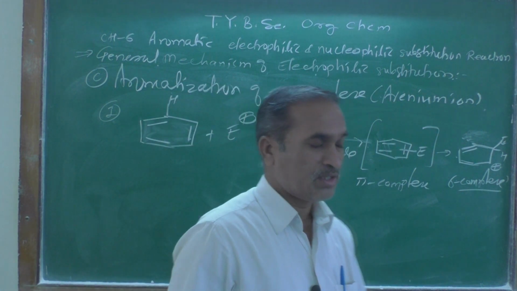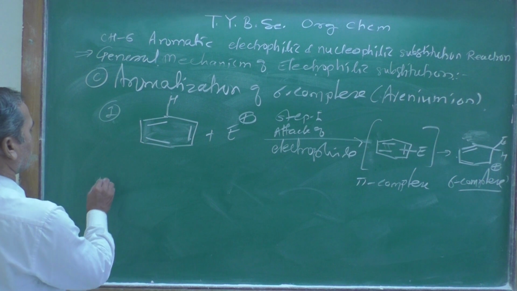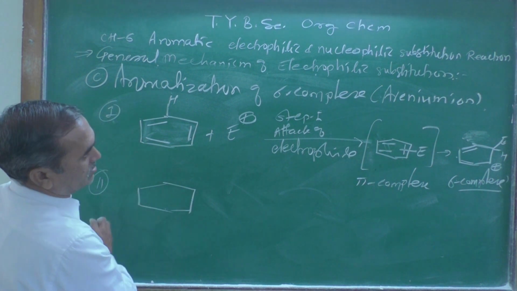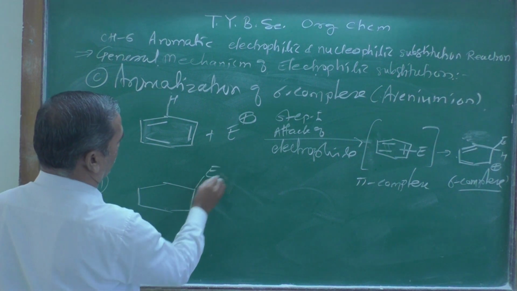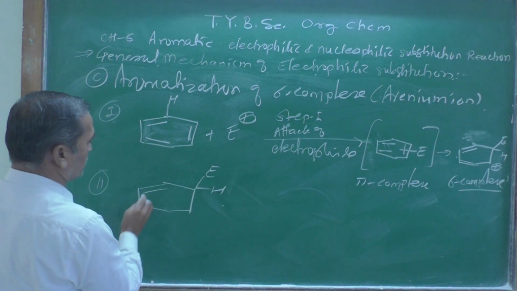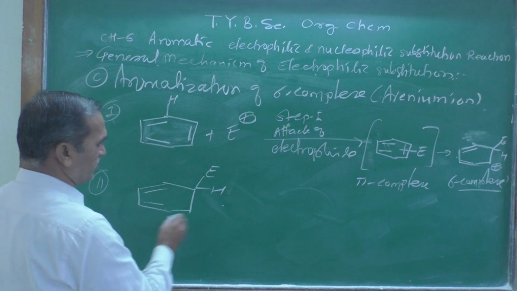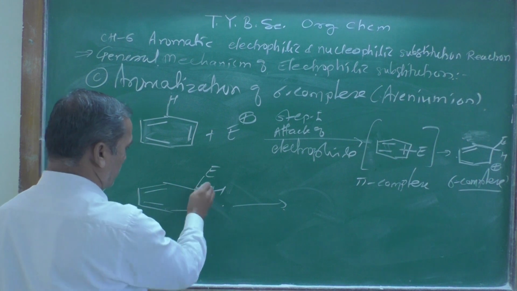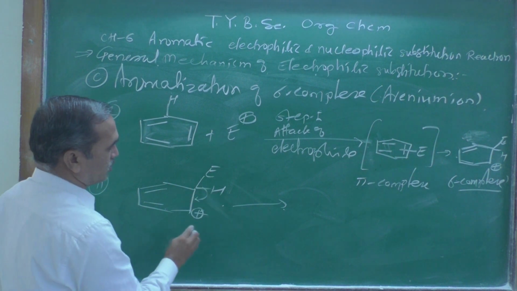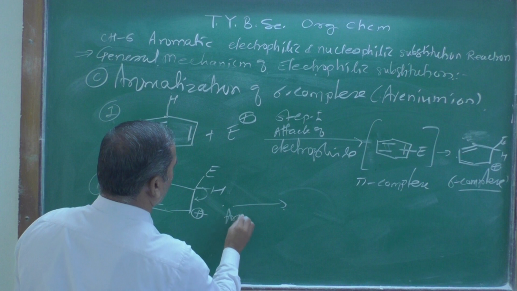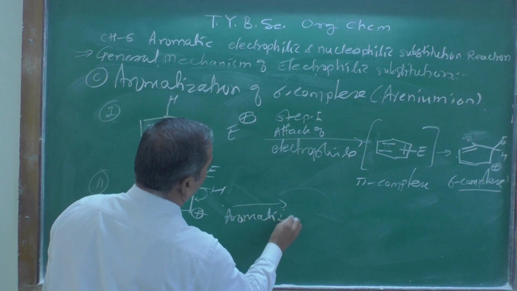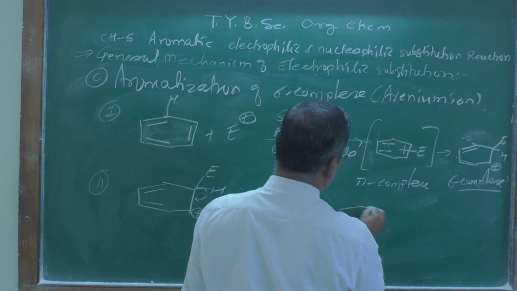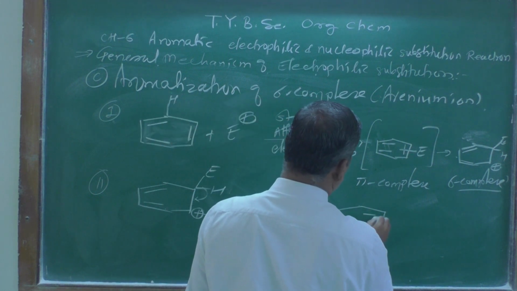Now, what is happening in the second step? As we know, in the second step there is the electrophile, the hydrogen atom, this double bond and this double bond. Here is a positive charge, and when this hydrogen atom is lost, this step is known as aromatization. In aromatization there is a loss of a proton, and we get the formation of the product.